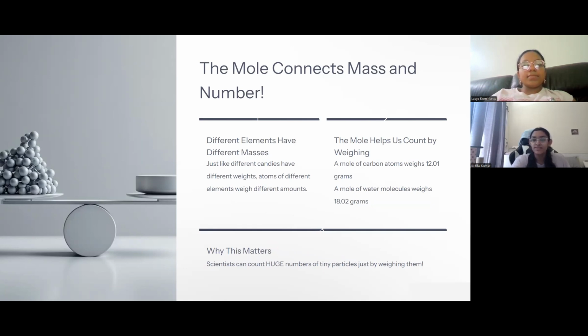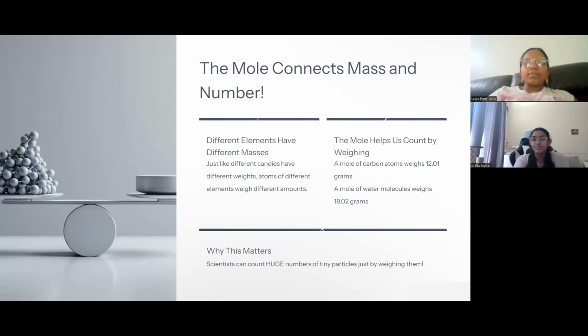The mole helps us count by weighing. A mole of carbon atoms weighs 12.01 grams. A mole of water molecules weighs 18.02 grams. And remember, water is H2O, so that would be a combination of the weights of the two hydrogens and the one oxygen.